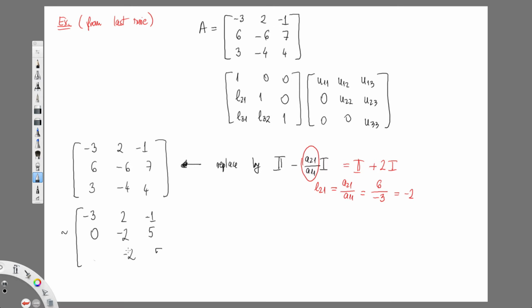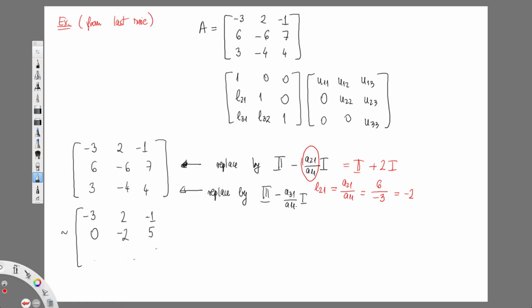I need to now do the second replacement. I'm going to replace this 3 minus A31 over A11.